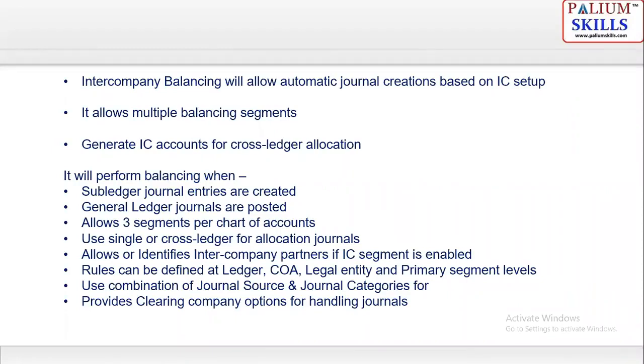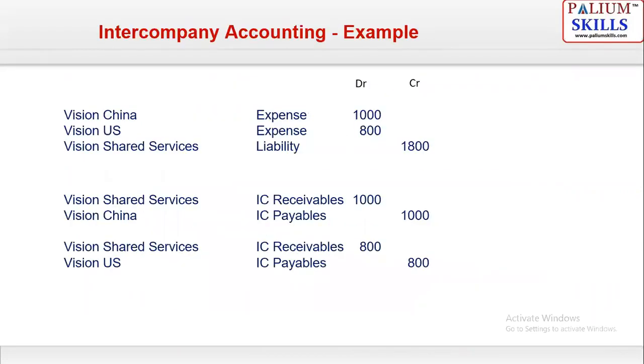For example, it can't be at the account level, because in each account there'll be a debit, and there'll be a credit in another account. Account information will be different. But at the company level, let's say for the company you have a debit and a credit. So company debit and company credit, then there'll be a balancing. For example, if you look at this, there is a balance between the debit and the credit.